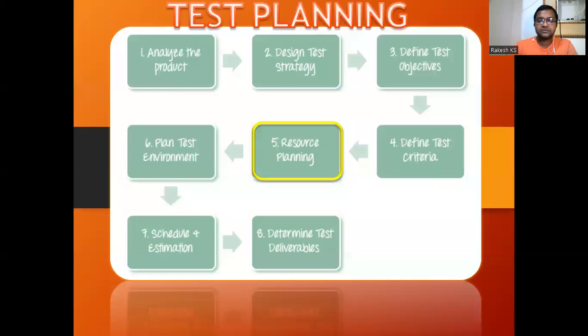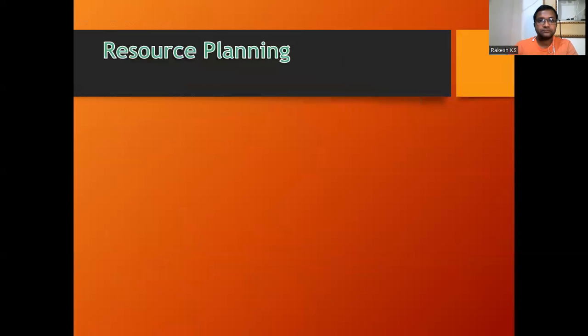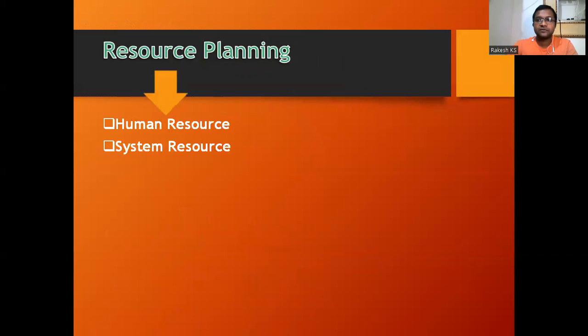Next thing is resource planning. Resource planning is one of the important things in project maintaining or project running. When planning the resources, we have to consider two types of resources, that is human resource and system resource.